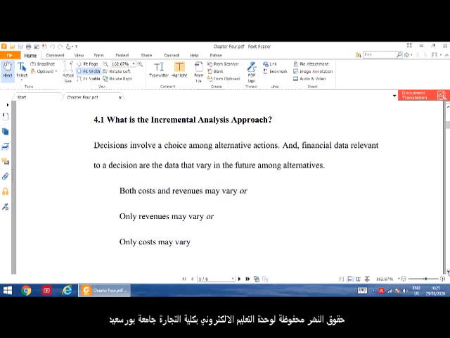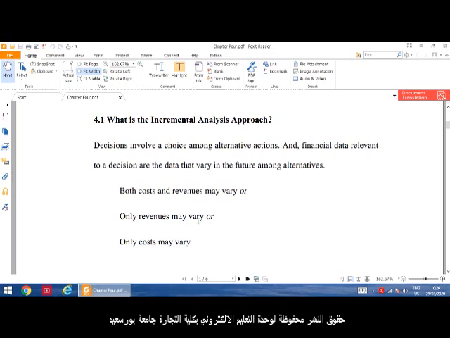Financial data relevant to a decision are the data that vary. We need to concentrate on what varies in the future among alternatives. Both costs and revenue may vary among alternatives.